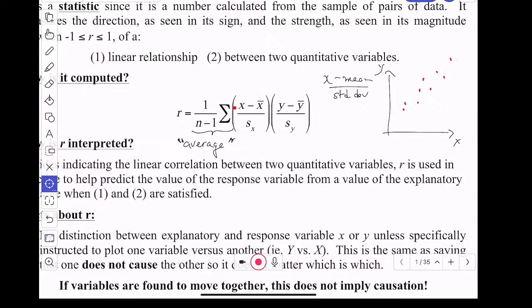When x is above its mean, you will get a positive value. And when x is above its mean, for a positive relationship, y is also above its mean. So this will be positive. So you'll be multiplying a positive times a positive and adding a bunch of positives together. That will make r positive.